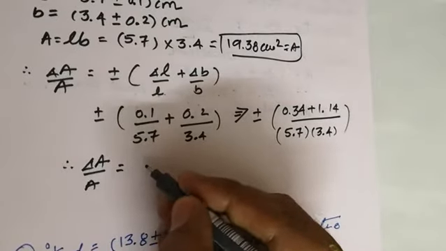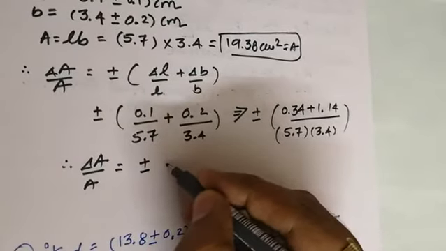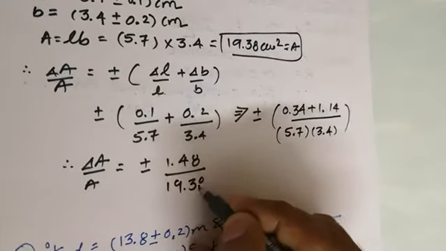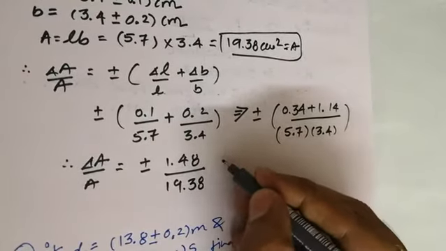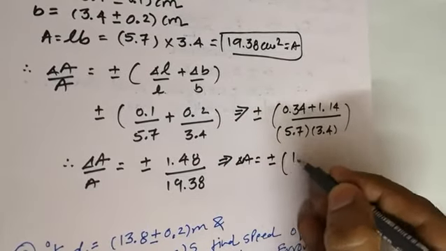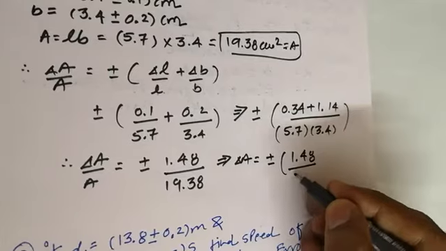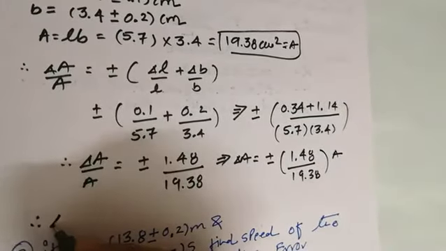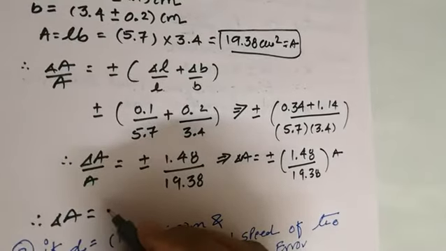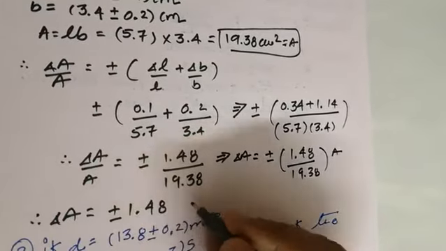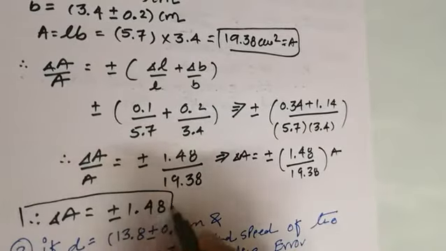Delta A by A is equal to plus or minus 1.48 divided by 19.38. I want to find delta A, so delta A equals plus or minus 1.48, which you can round off.